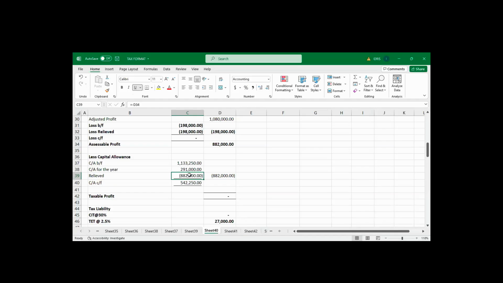Yes, sir. My question, sir, is after removing the 2/3 from the 882 now, the remaining profit, will you be charging CIT on it? Yes, we'll be charging CIT on it.